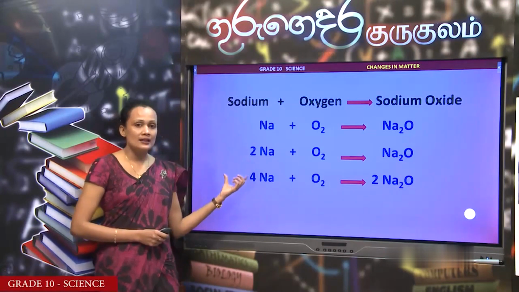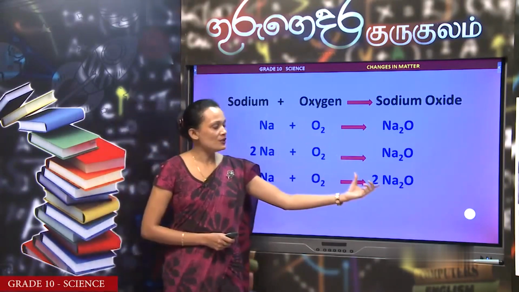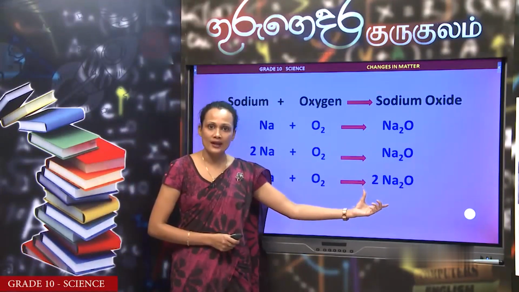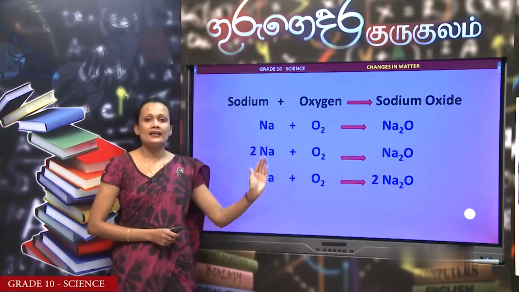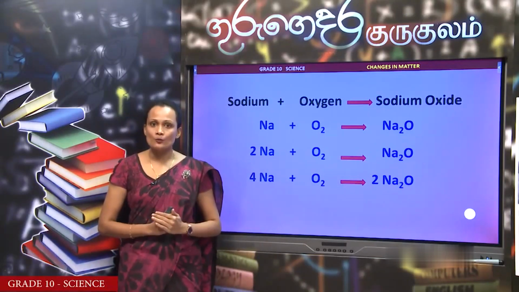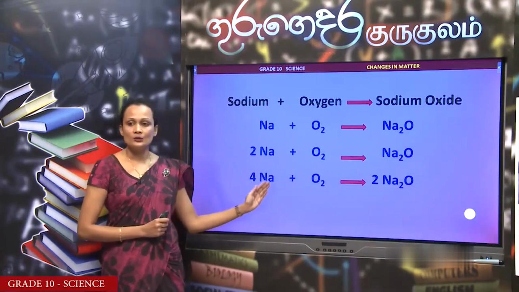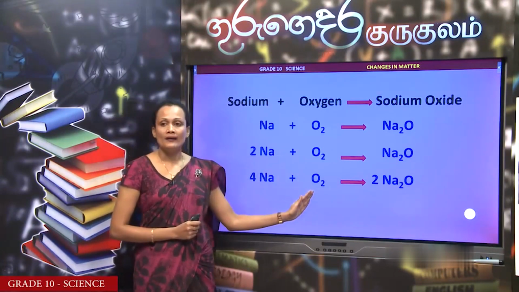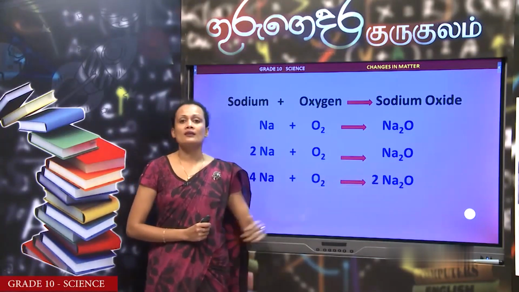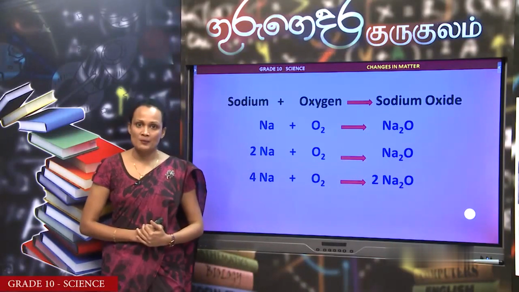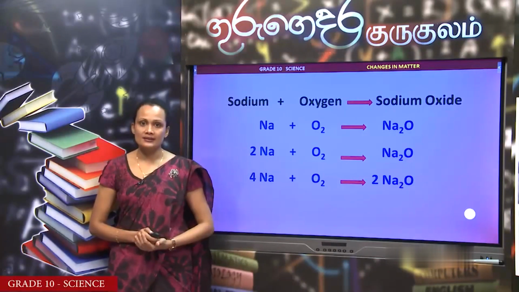That's why the number of sodium atoms in the reactants and in the product become equal. So we can get the balanced equation by making those changes. 4 sodium, 1 oxygen and 2 sodium oxide. That is the balanced chemical equation for the reaction between sodium and oxygen.